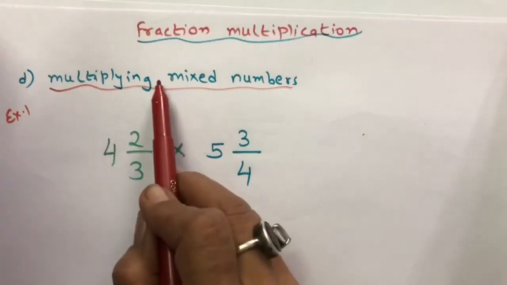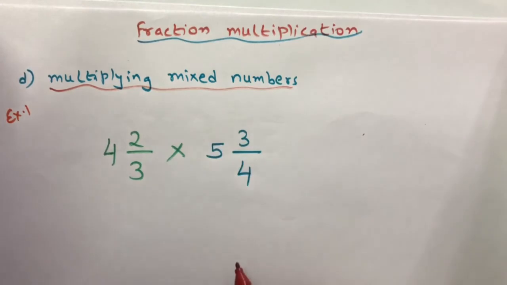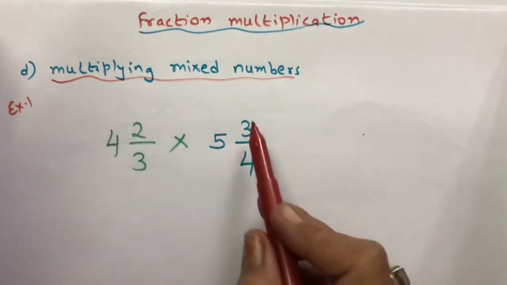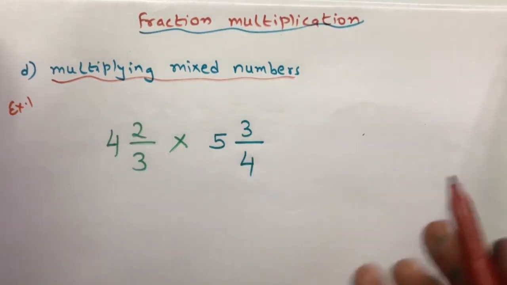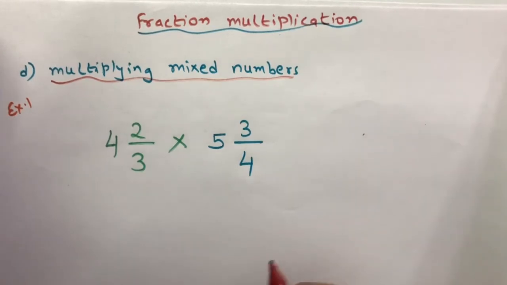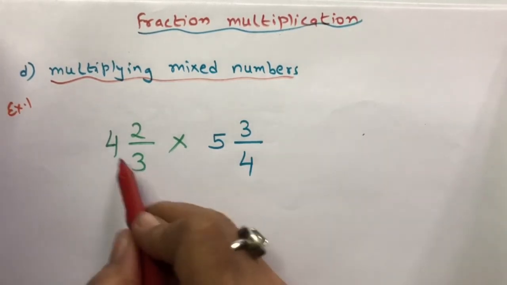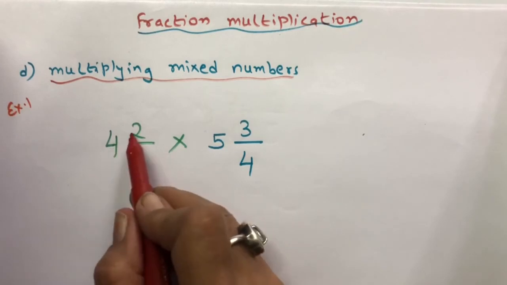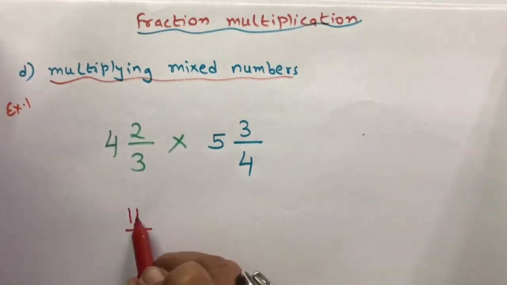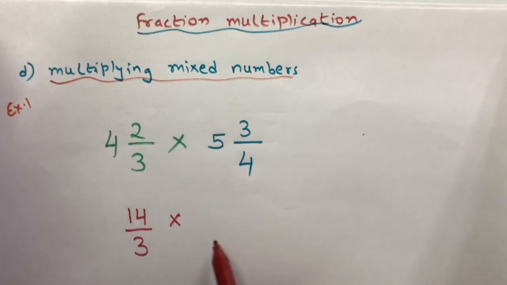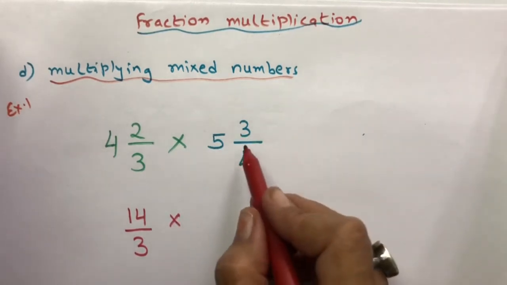We have to multiply mixed numbers. We'll change this to a fraction and this also, and then we will multiply the numerators and denominators. I'll write the denominators first. 3 fours are 12. 12 plus 2, 14, and I'll multiply these two.